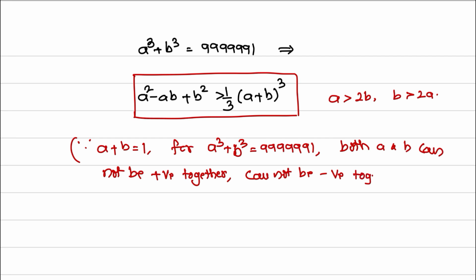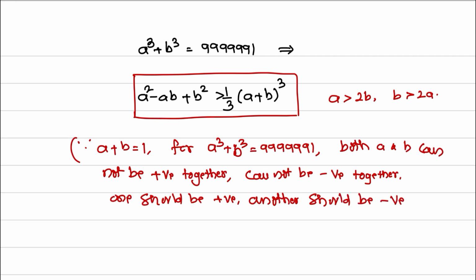One should be positive and another should be negative in this particular case. Hence, we have applied the rule a square minus ab plus b square is greater than 1 by 3 a plus b whole square, because it is applicable in this particular case.